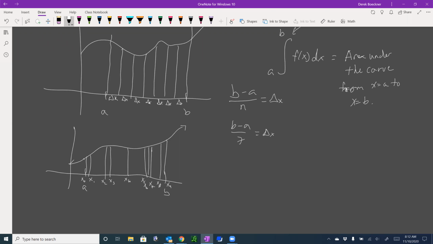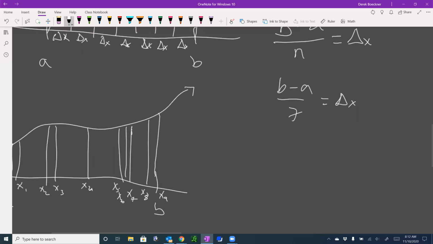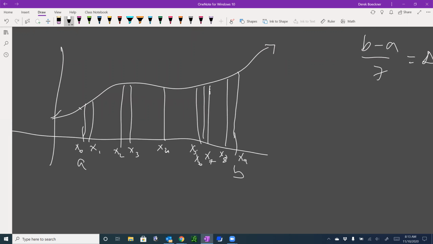I have 9 rectangles from x0 to x9. And what delta x is, it's the width here. So this would be delta x1 for the width of the first rectangle. This is delta x2, this width, and so on. So delta xi is equal to x(i+1) minus xi. And that's just the width of the ith rectangle.